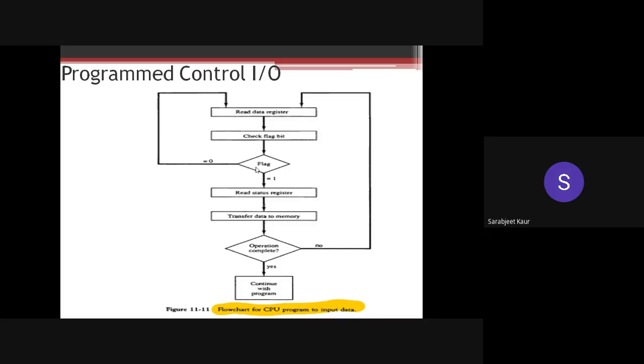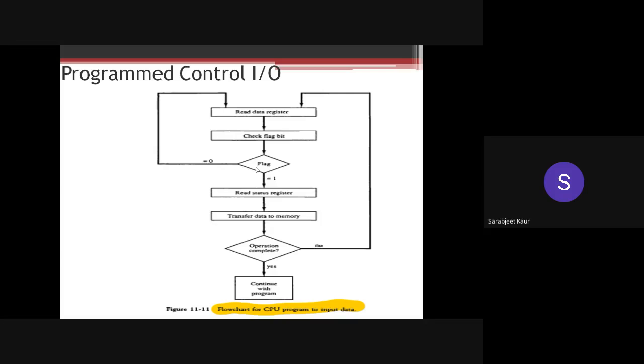I have explained this to you in quite detail. We also saw block diagrams of how these transfers were taking place. We stored the return address, then we went on to execute the IO program. When the CPU receives the interrupt, it stores the return address of the process that it is currently executing, either on a stack or at a location in the main memory, and then it goes on to service the IO program.